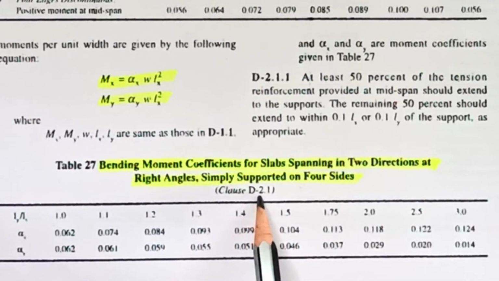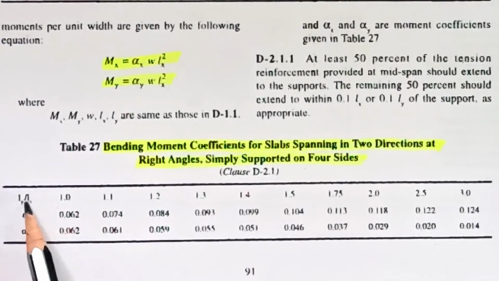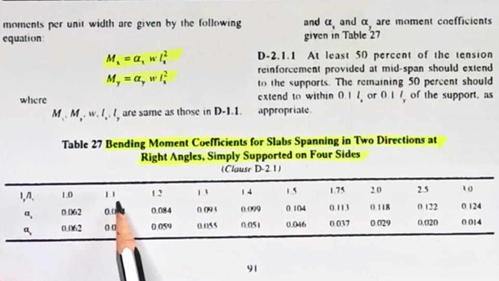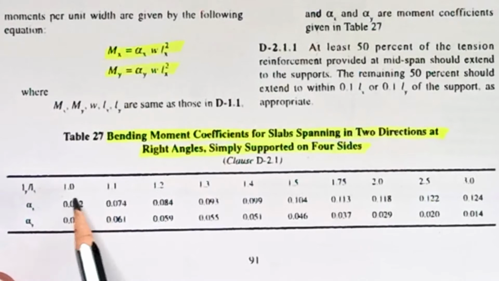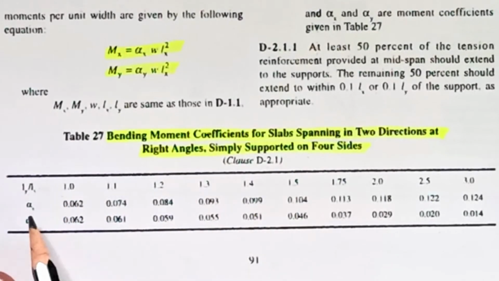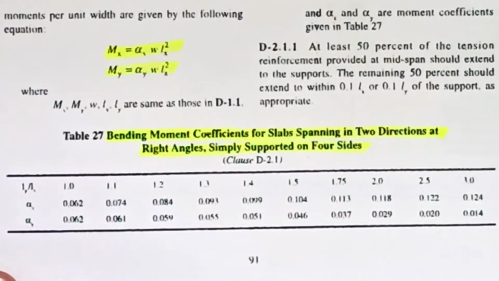Clause number D21. So here you will see Ly by Lx are given, alpha x, alpha y, and for Ly by Lx values 1, 1.1, different values of alpha x and alpha y are given. If you carefully observe this table, you will find that as Ly by Lx goes on increasing, alpha x goes on increasing, but alpha y goes on decreasing. So very clear that for Ly by Lx equal to 1, both the spans will be same. So alpha x and alpha y are equal.